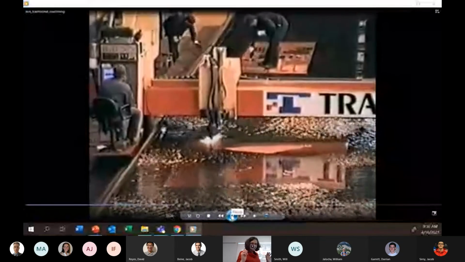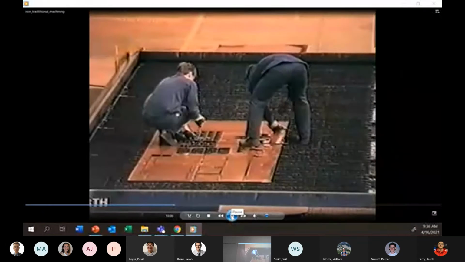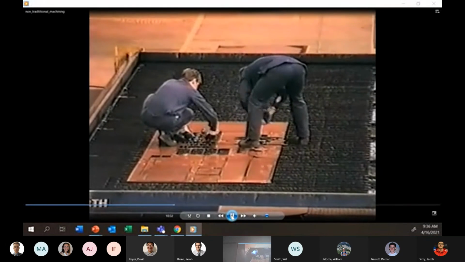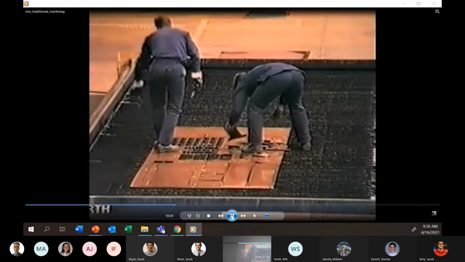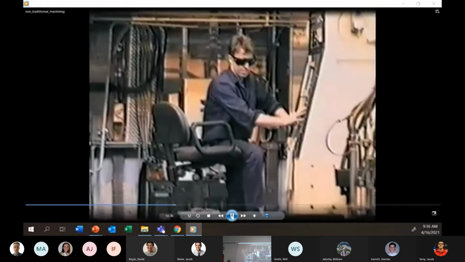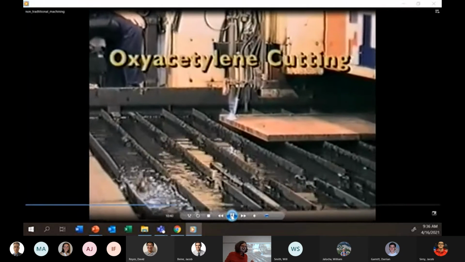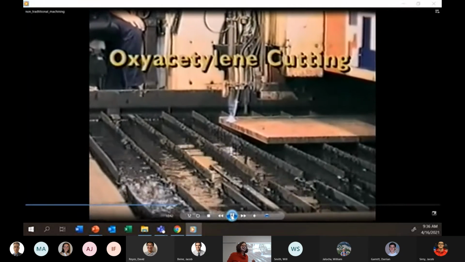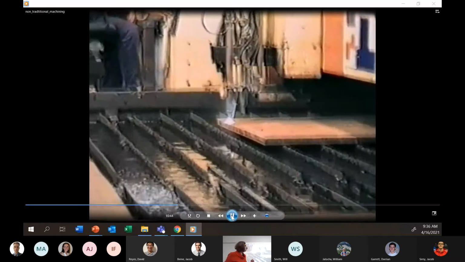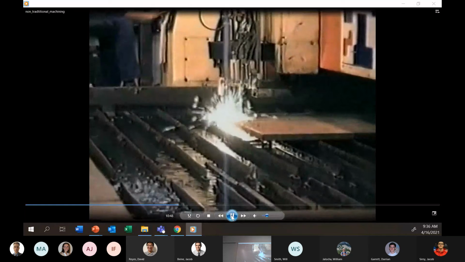While cutting is being carried out on one table, the other table is being loaded or unloaded. The carriage that carries the plasma arc cutting torch also has an oxyacetylene cutting torch. The acetylene heats up the steel plate, and the oxygen, using the steel as a fuel, cuts the plate.